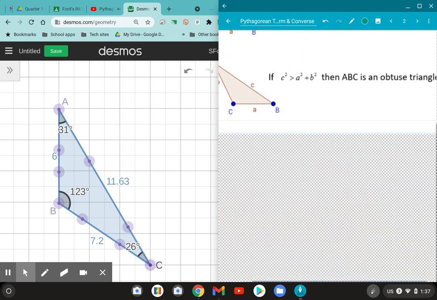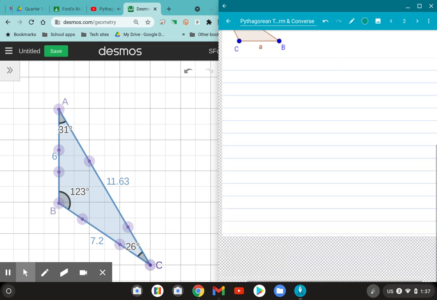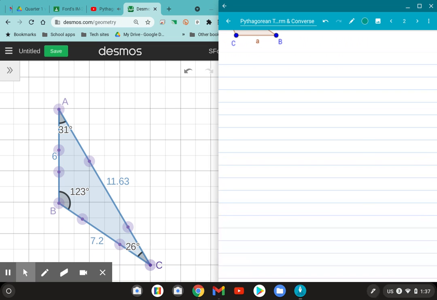So we're going to practice that one with seeing the visual and doing it. Okay, so here we had 6 squared plus 7.2 squared. And I'm going to just put a box in it and then put 11.63 squared. And the box just is going to tell me if it's going to be equal, right, left.